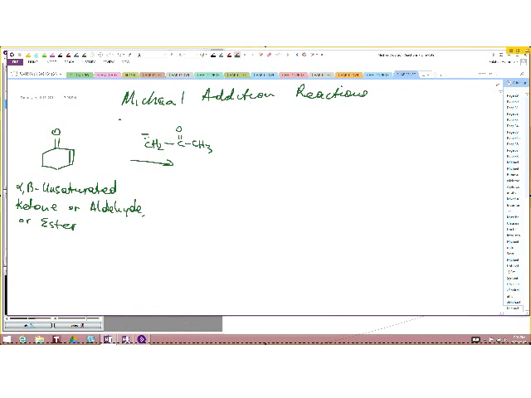You generate the enolate anion, and then what do you do? This comes here, attacks this beta carbon, and the pi electron goes to the alpha carbon, and then you form this intermediate product, an intermediate enolate.